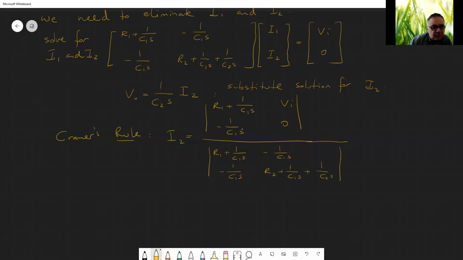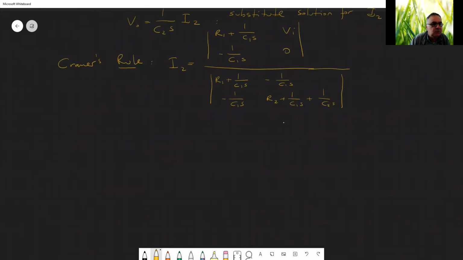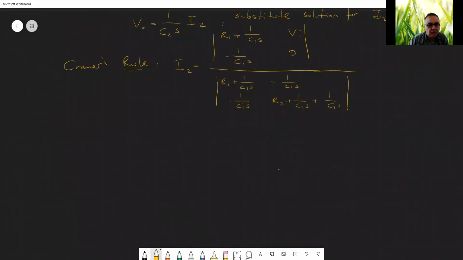You know, it's a lot of algebra, but it is doable. And then you substitute this into here. And if you play with it a little bit, eventually what you are going to get will be the following.